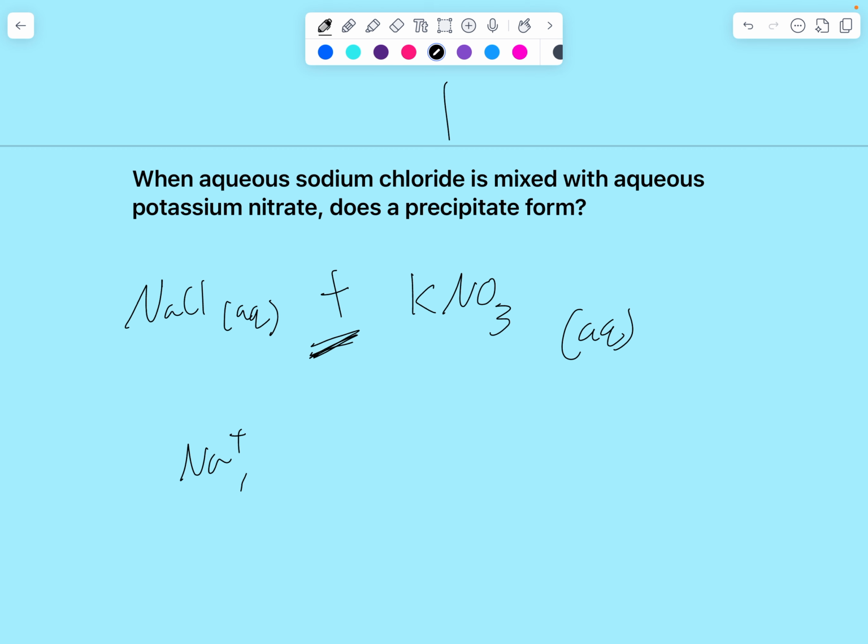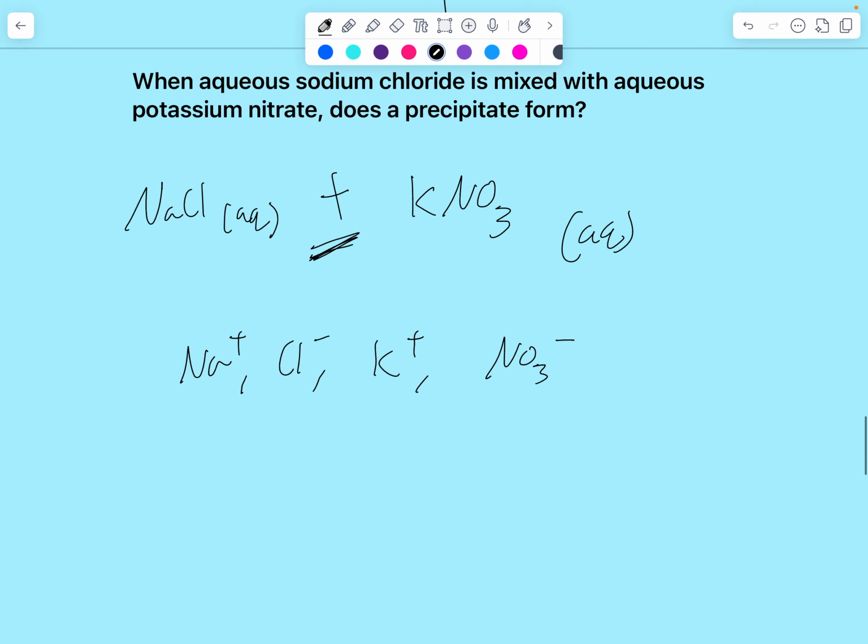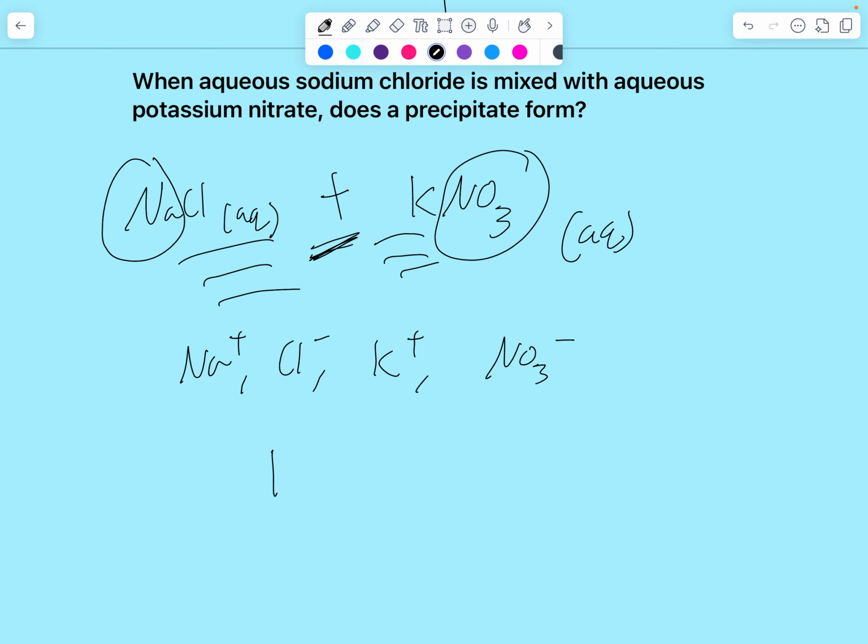Na positive, Cl minus, K positive, NO3 minus. Do your opposites. These go together, and then these go together. NO3 minus is always soluble. Group 1 always soluble. KCl is soluble. So we got KCl and NaNO3. Everything stays aqueous, no solid forms, so no precipitation reaction occurs. There's no reaction.